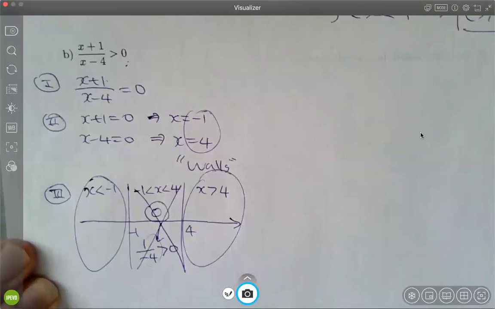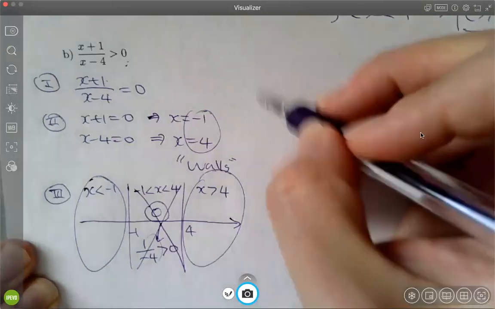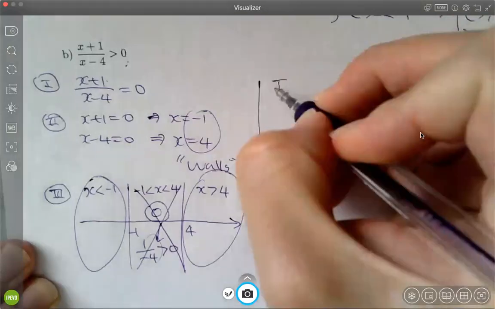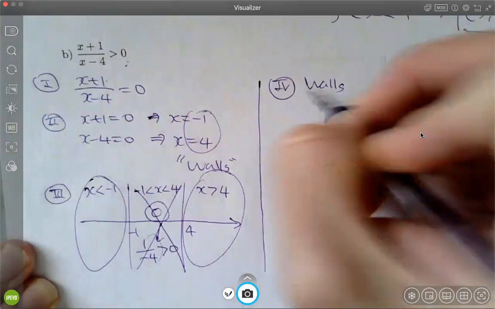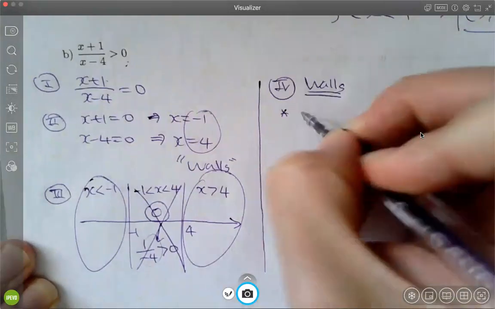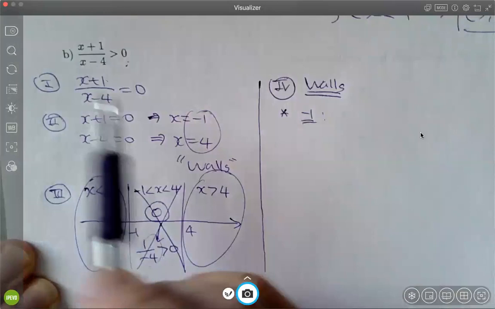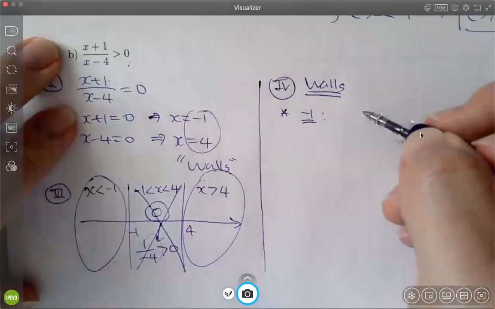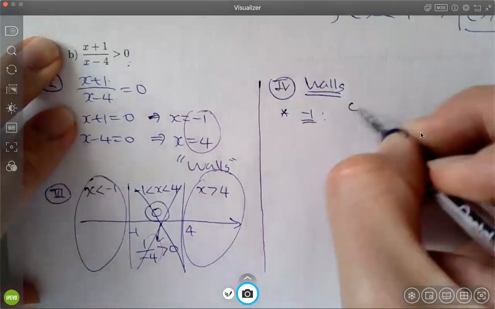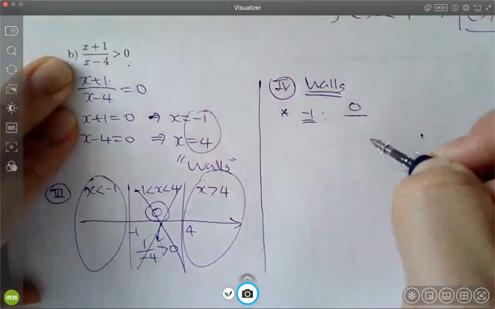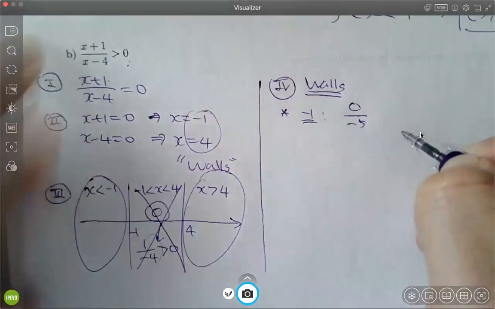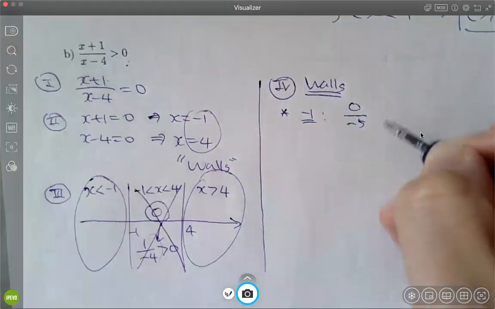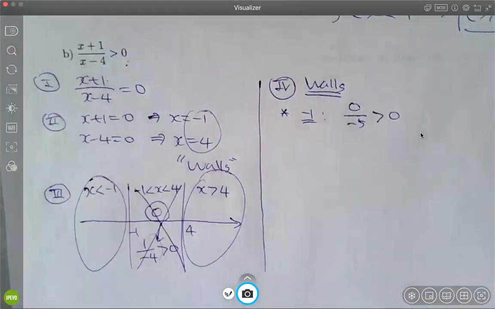Okay? And now, check the walls. First one, -1. When you plug in -1 to x, what do you get? -1 plus 1 is 0, right? And -1 minus 4 is -5. So 0 over -5 is greater than 0.